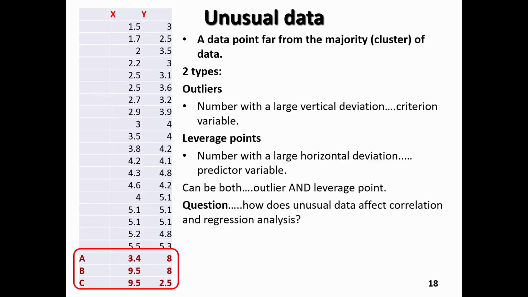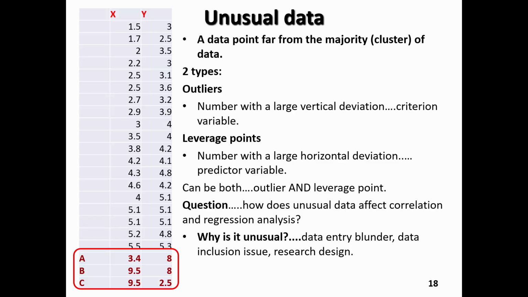What's really important to understand is how these unusual data can affect the correlation and regression analysis. When researchers encounter these unusual data, the first question to ask is, why is it unusual? Is it because of some blunder that was committed when entering the data into the computer?